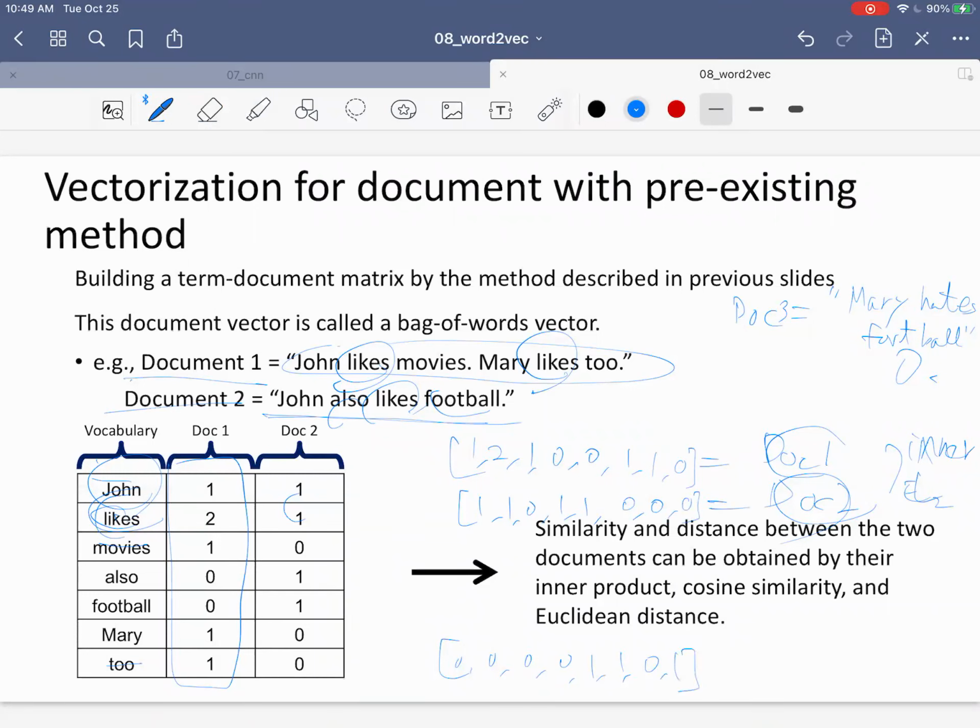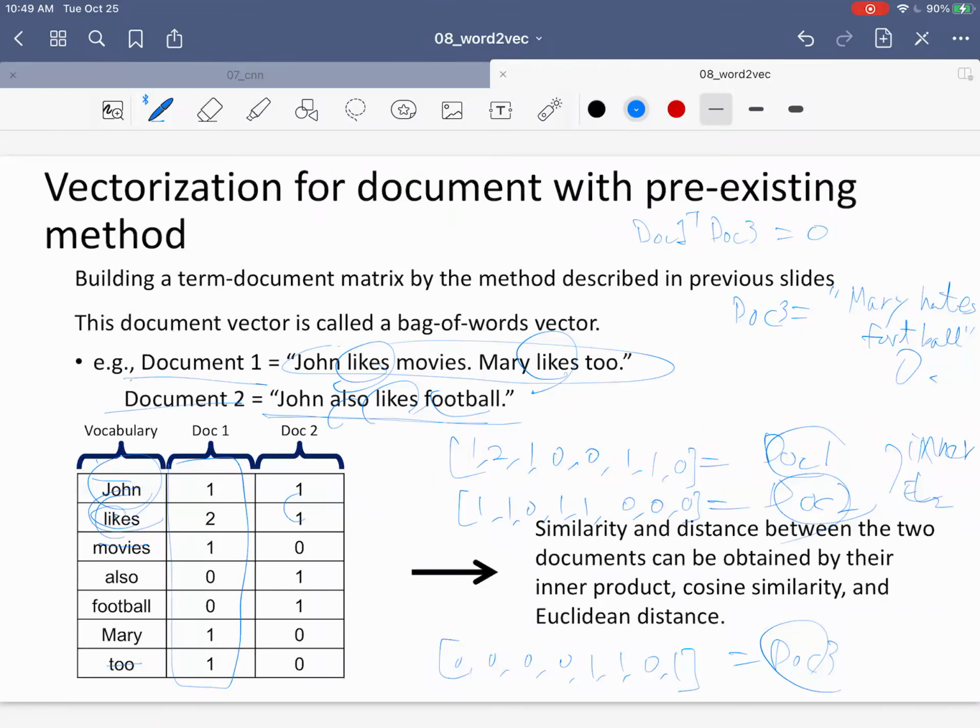So if you think about this doc 3, the inner product between doc 1 and doc 3 would be what? Would be 0, because there's no overlapping word whatsoever between the two documents.